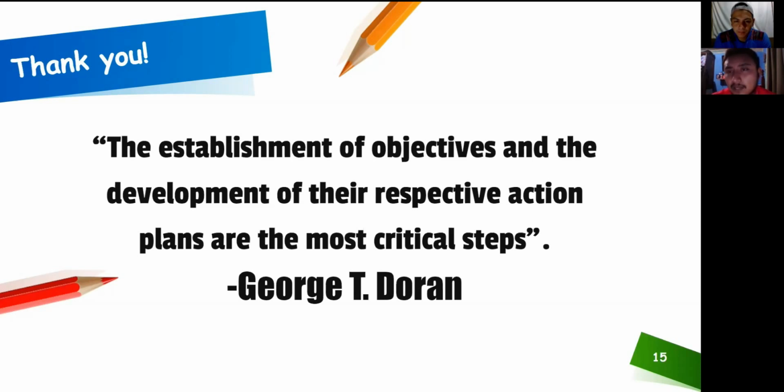And I would like to end with this quote. Daniel, if you might want to read, please. Okay. The establishment of objectives and the development of the respective action plans are the most critical steps. George T. Doran. Yeah, and as it says at the very end, respective action plans are the most critical steps.